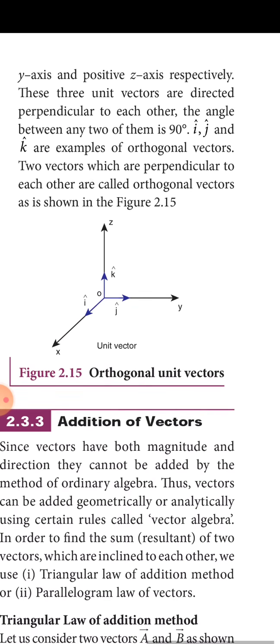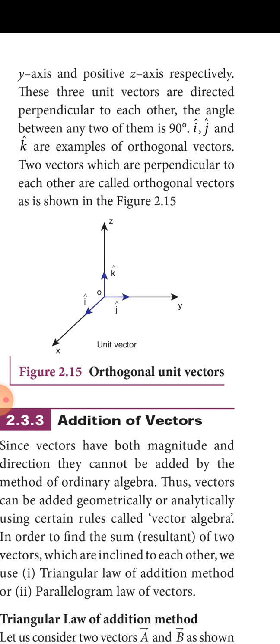These three unit vectors are directed perpendicular to each other. The angle between any two of them is 90 degree. And i cap, j cap and k cap are examples of orthogonal vectors. Two vectors which are perpendicular to each other are called orthogonal vectors. Orthogonal vectors are nothing but two vectors which are perpendicular to each other.